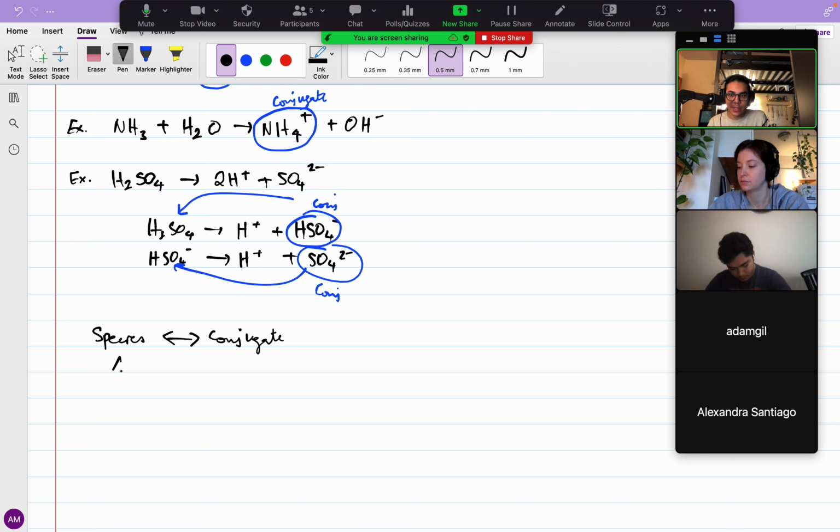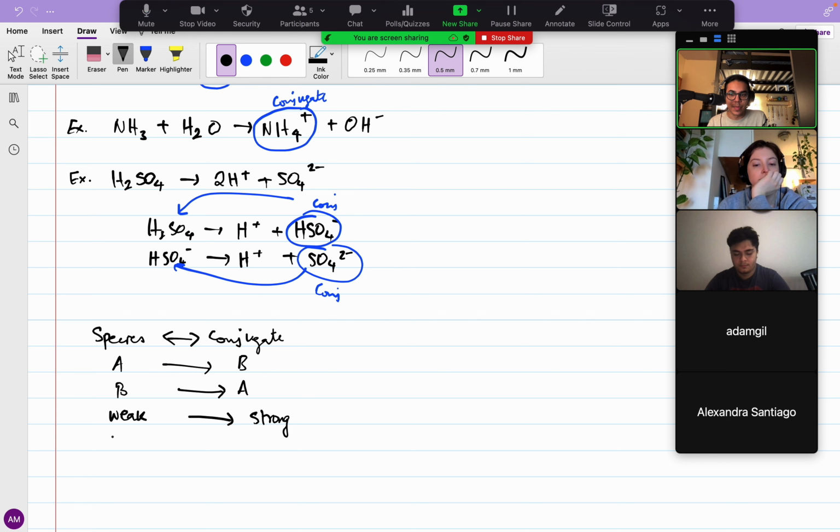If the species was acidic, the conjugate will be basic. If the species was basic, its conjugate would be acidic. And if the species was weak acid or weak base, the conjugate is strong. And if the species was strong, then the conjugate is weak.